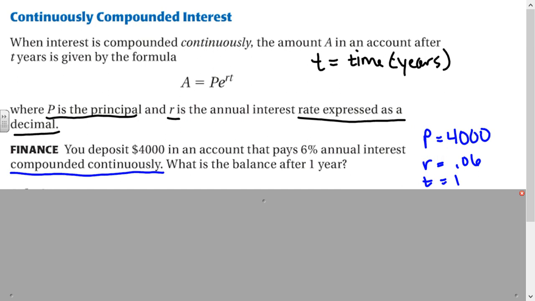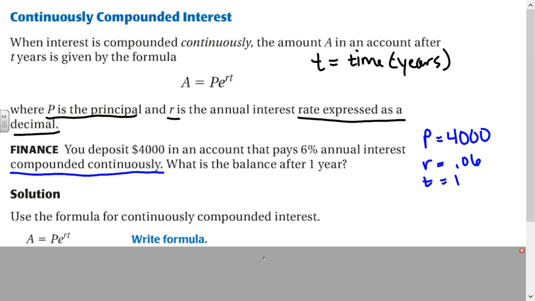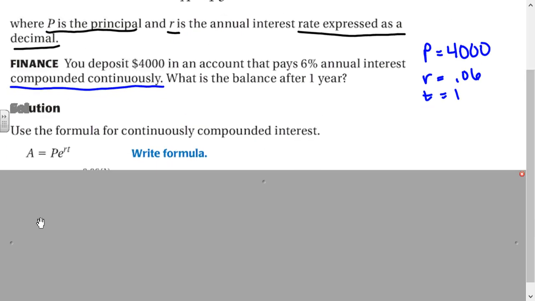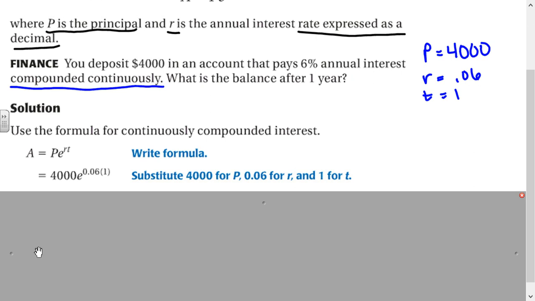So we're just going to plug these into our formula, and e is the Euler number e, which is on your calculator. We take P, which is 4,000, times e to the 0.06 times 1 power. Now, I like to work this part out first, but if you want to do it in your calculator, you can.